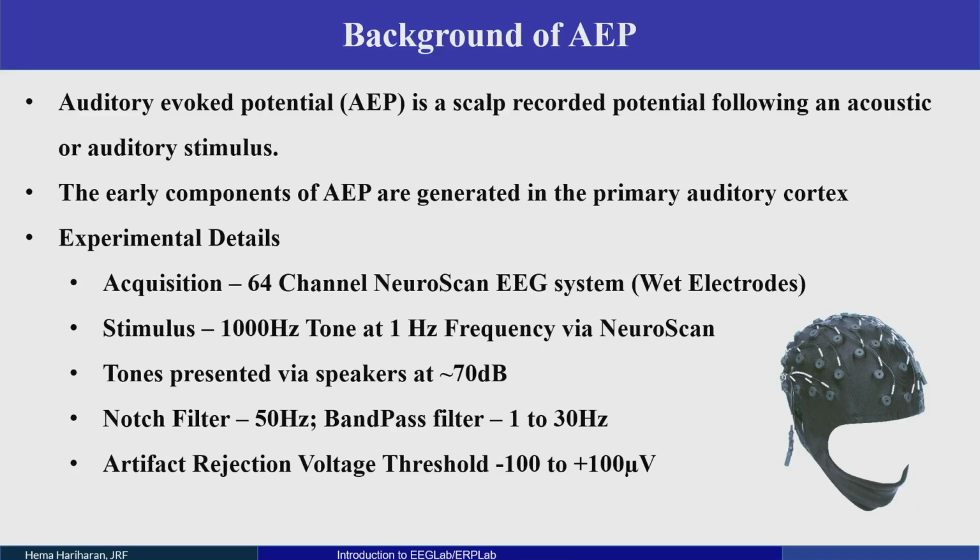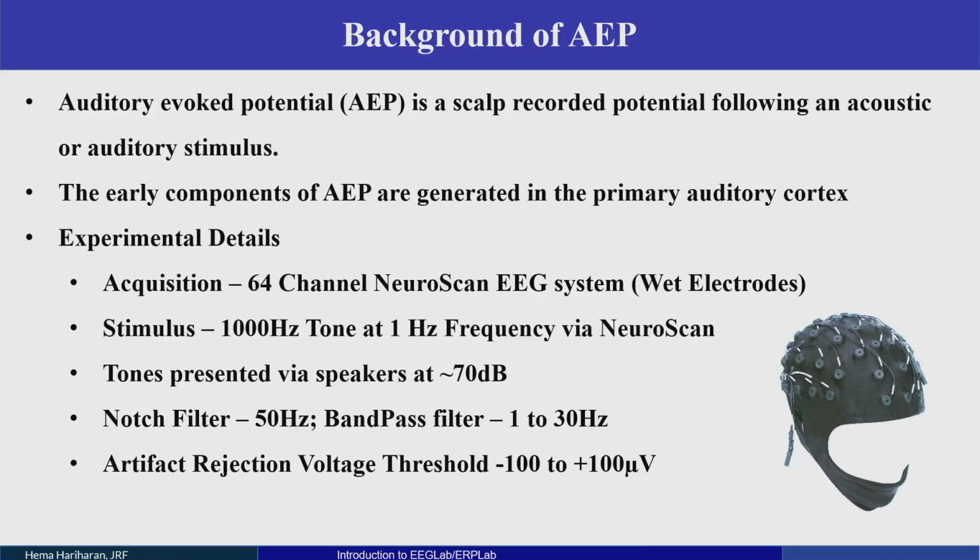For any step before the data processing, we first have to acquire the data from this Neuroscan EEG system, and the stimulus is given through software called STIM software, where we can create whatever kind of stimulus we want.